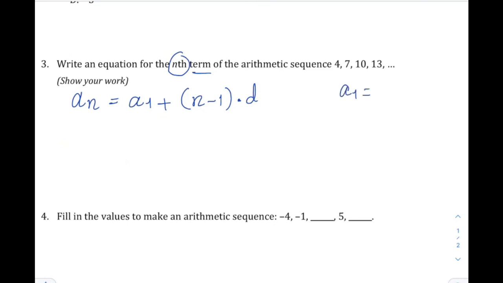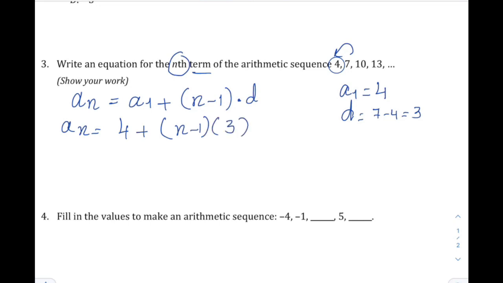A1, the first term in our arithmetic sequence, is 4. Now, D is the common difference, which in our case here is 7 minus 4, which is 3. So we will now fill in. An is 4 plus n minus 1 times D. Don't leave it this way. You need to simplify.